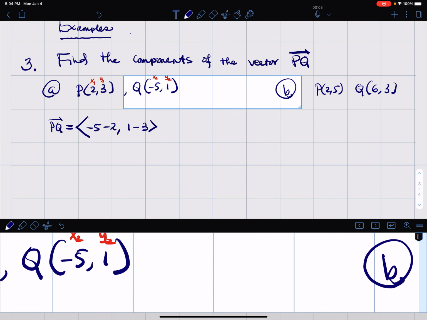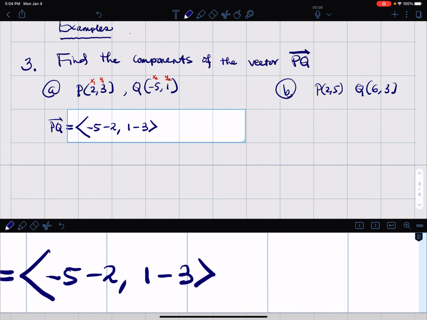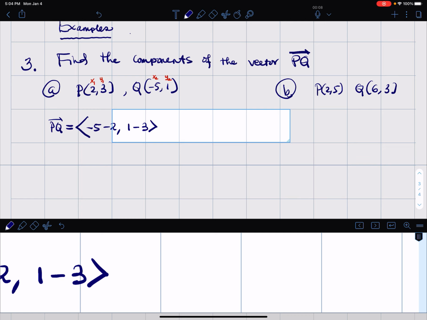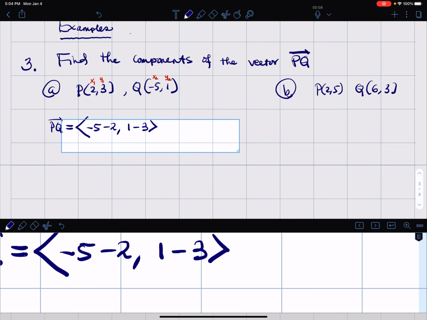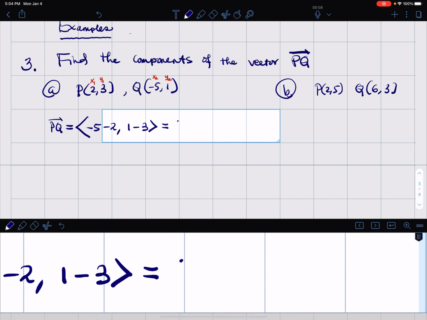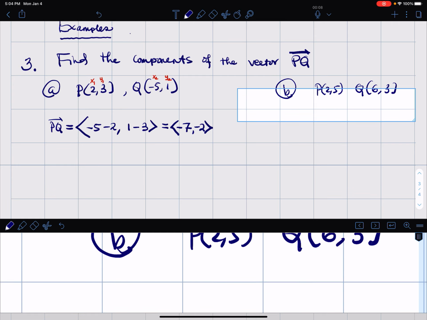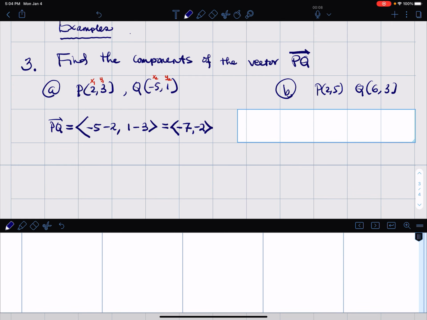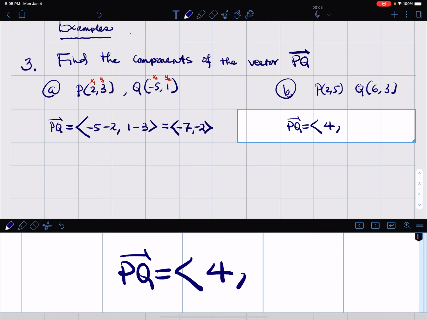So this vector is going to be equal to negative 7, negative 2, all right? And then let's look at PQ again. In this case, PQ is 6 minus 2, which is 4, and 3 minus 5, which is negative 2.